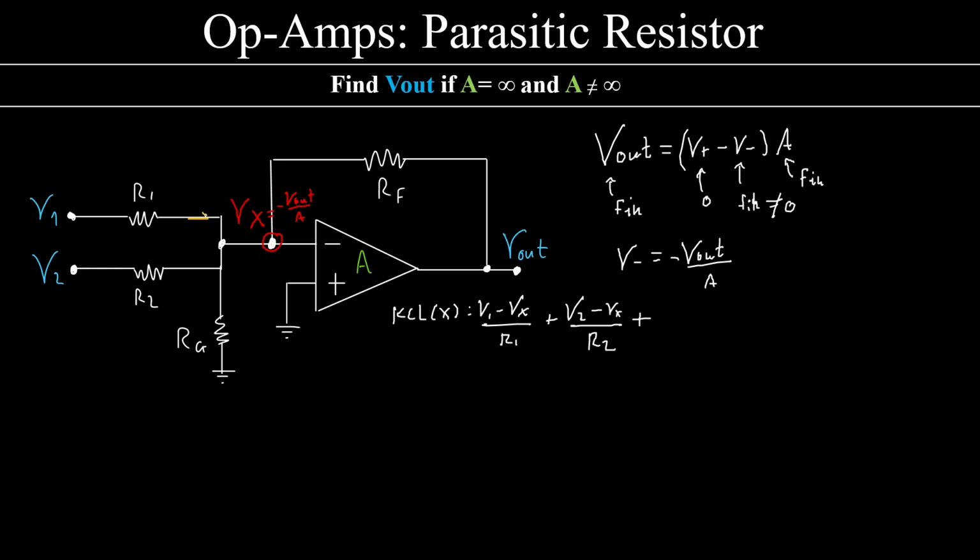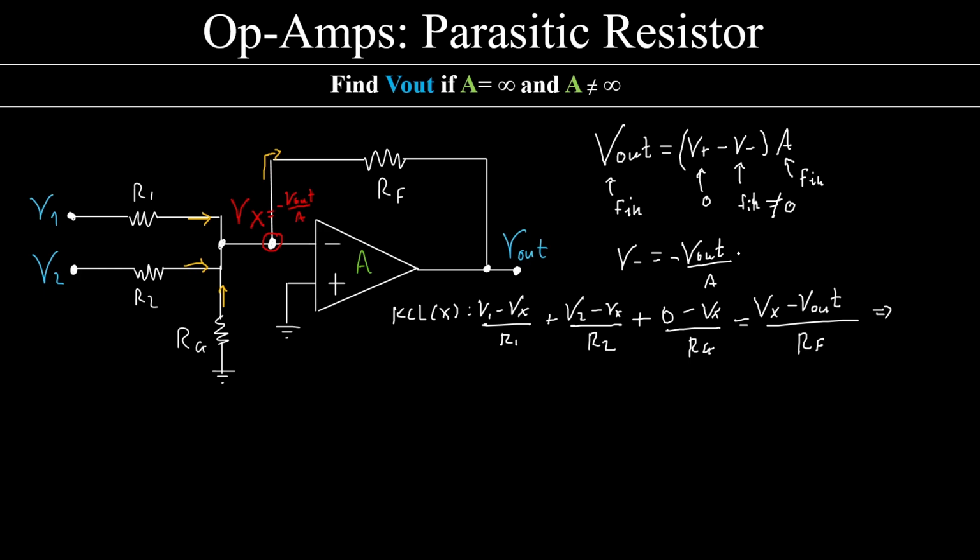A current flowing like this, a current flowing like this, and there must be also a current flowing like this, all summing up to this current. So for the parasitic resistance, it should be 0, the voltage at the ground, minus Vx over Rg. All of this must be equal to Vx minus V out over Rf.